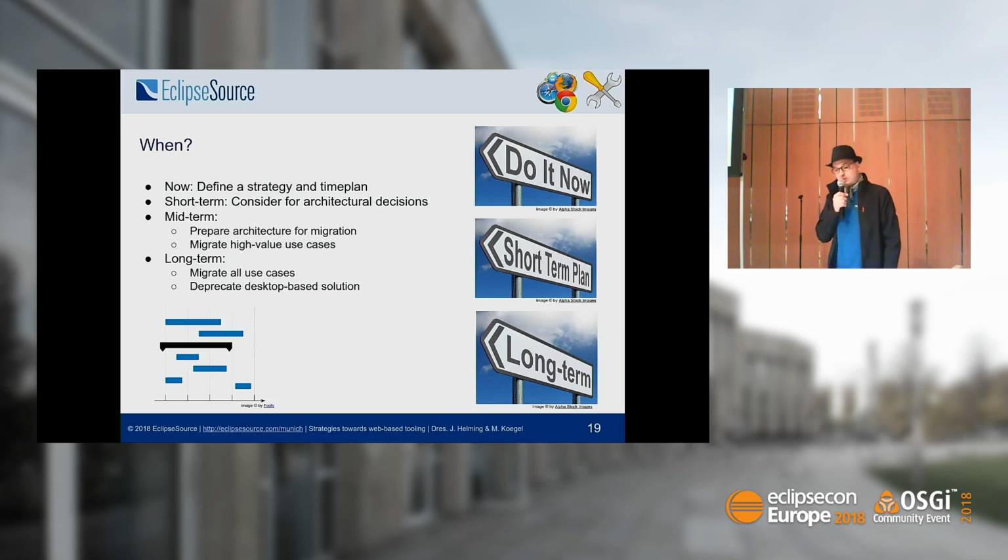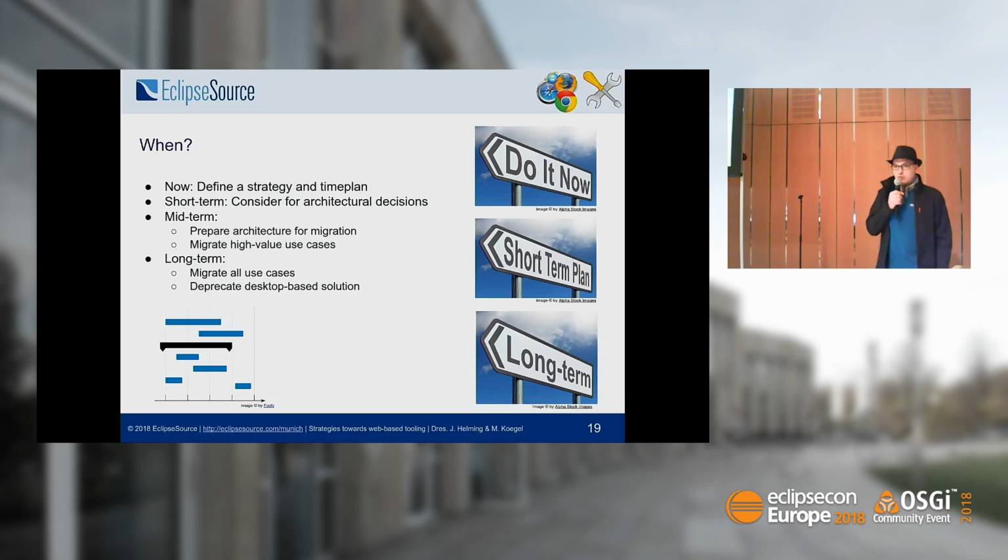And then, of course, midterm, you will probably start to migrate some of the high-value use cases that are not that costly, these low-hanging fruits that Jonas mentioned earlier. Long-term, at some point, you want to migrate all the remaining use cases and then deprecate your desktop-based solution.